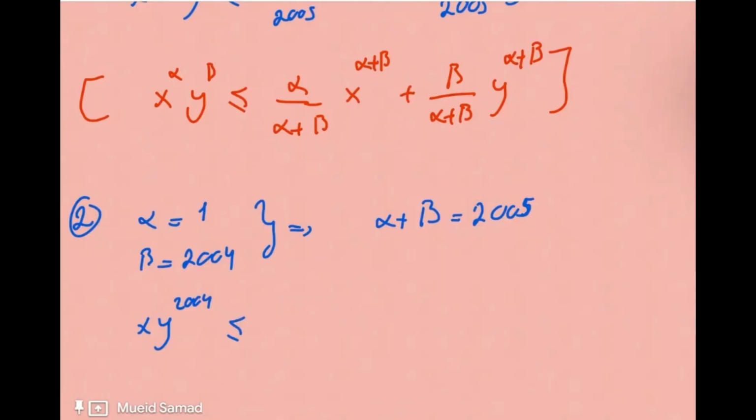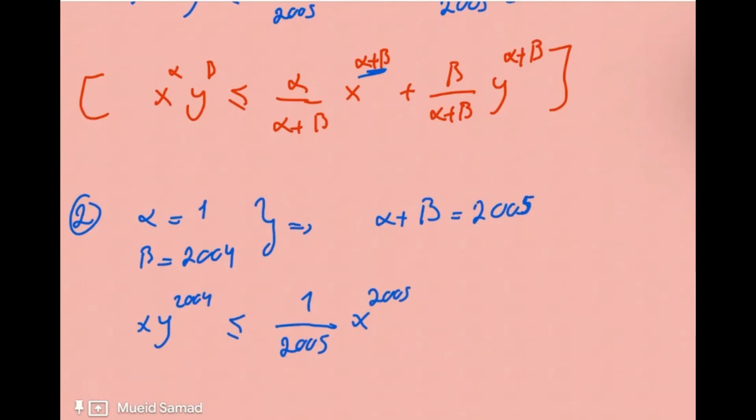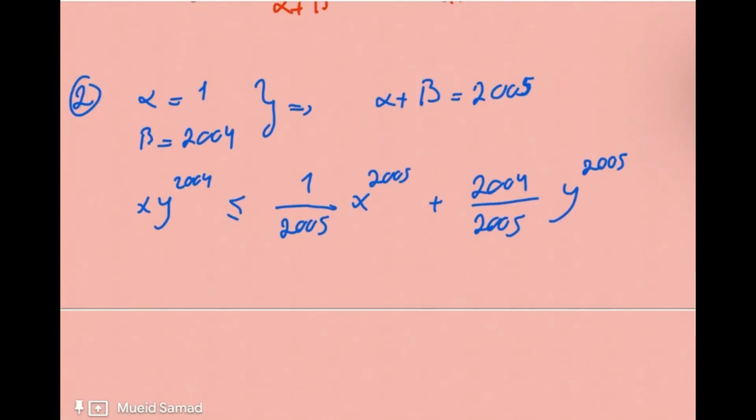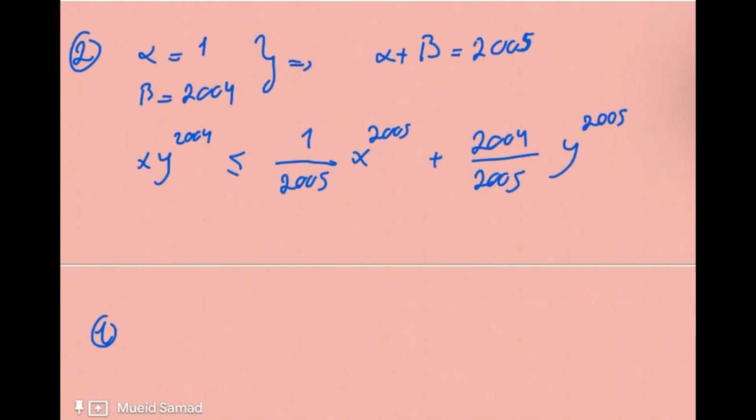So our alpha is now 1, and our alpha plus beta stays 2005, times x to the power of 2005, because we still have alpha plus beta, plus 2004 divided by 2005, because our beta is now 2004, times y to the power of alpha plus beta, which is 2005.